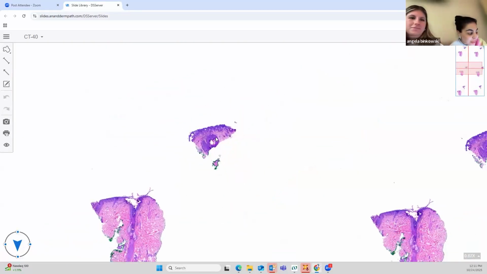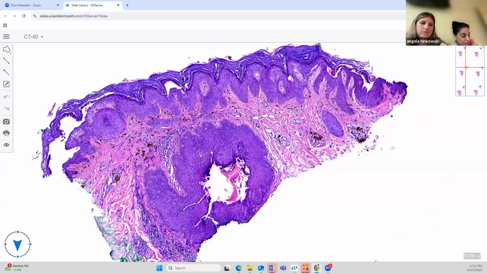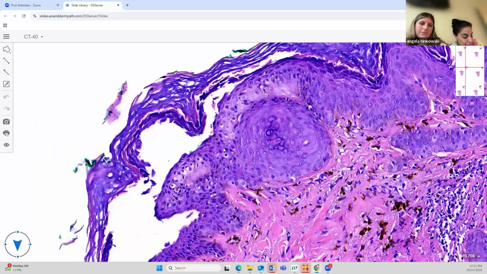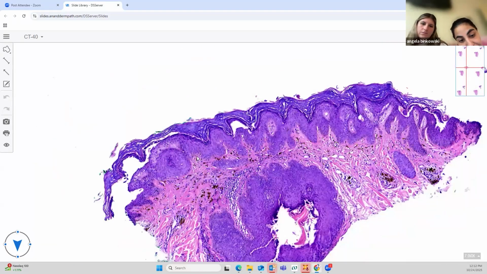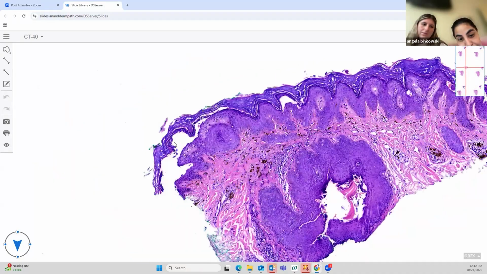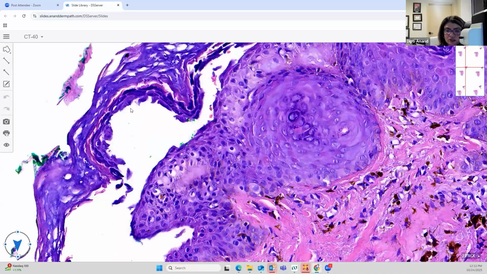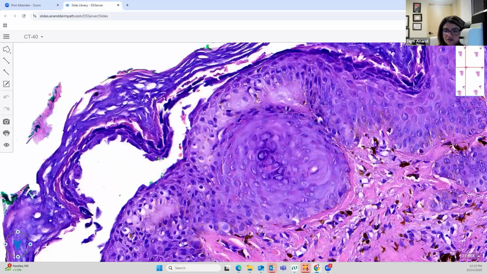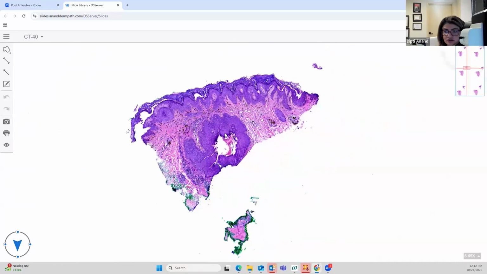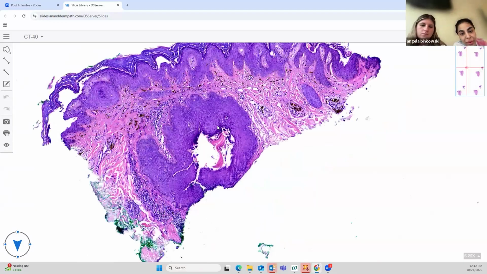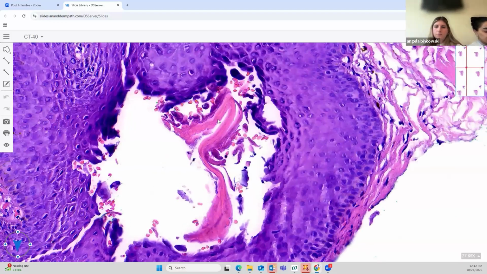So you see a subcorneal split. So superficial acantholysis. Yep. And then trying to determine if there's tombstoning there. With superficial acantholysis, you wouldn't see tombstoning, right? Pemphigus foliaceus, yep. So this is pemphigus foliaceus.